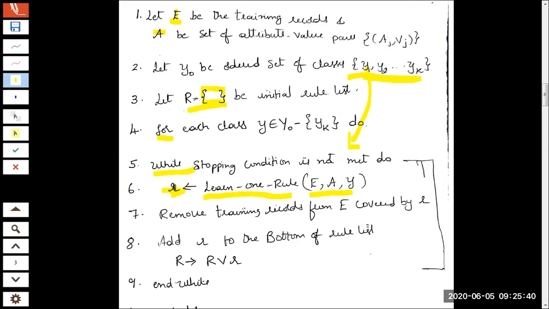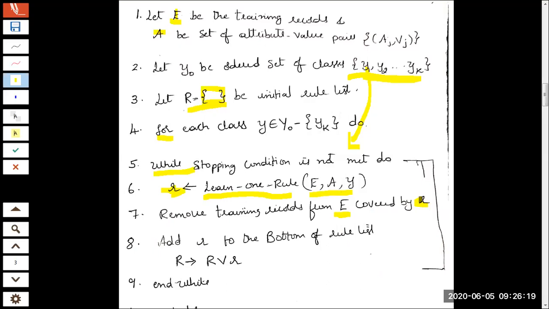For example, for class y1, three rules were identified: R1, R2, R3. No more rules could be identified for class y1, so the while loop will terminate and come out. Immediately when it comes out, two things are done, as we saw in step 7 and step 8. First, whichever records were used to derive the rules will be removed from the training database, meaning we will not allow a single record to be used to derive different rules for different classes.